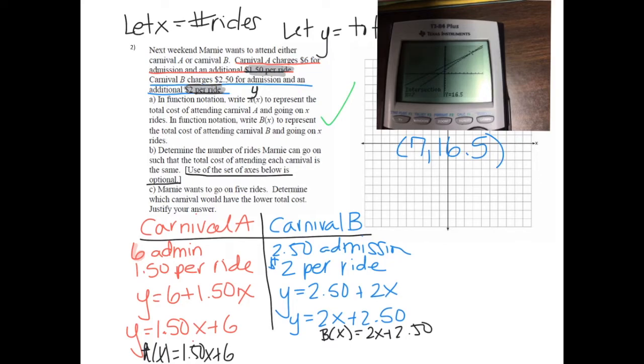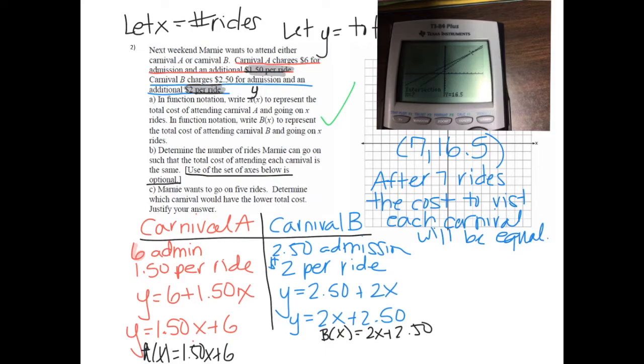Okay, so that means, remember, x is our rides, so 7 means after 7 rides, the cost to visit each carnival will be equal.